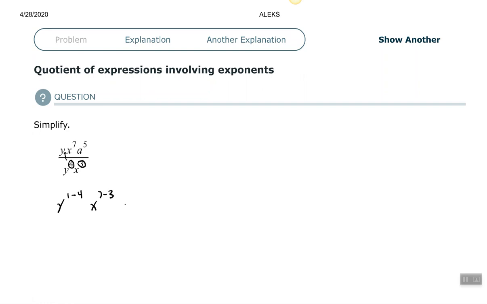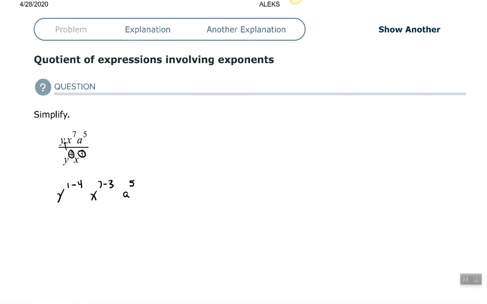And then a to the 5th. Since we did not have anything else in our denominator, we won't have a denominator right now. We took care of the y to the 4th by subtracting it from the y to the first up here, and then the x to the 3rd by subtracting it from the 7.